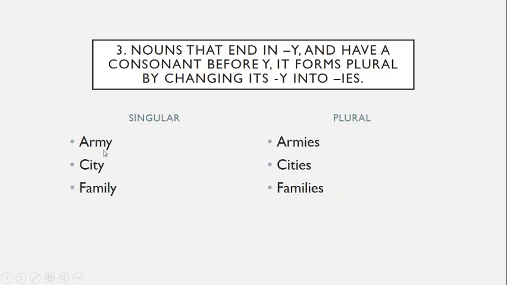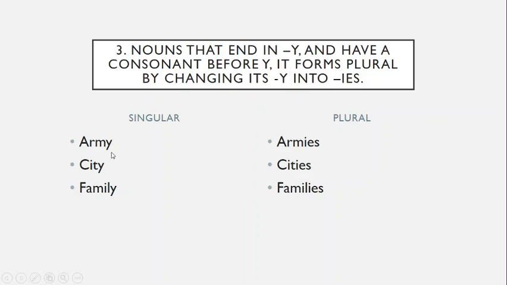Okay, so in all those nouns which have y at the end and before the y there is a consonant letter, we will remove the y and change it into ies. What we will add? ies and it becomes plural. The same example, city.